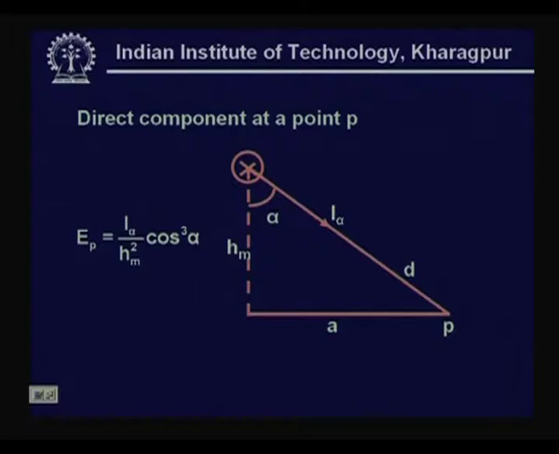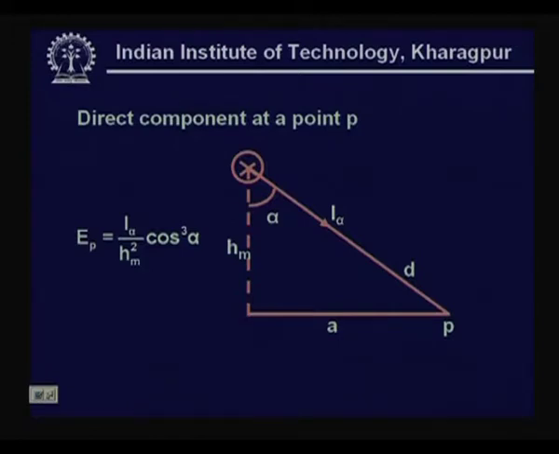Whereas at the point P, what is this I? It is the candle power or luminous intensity of the lamp. Now, if I had to look at the point P, I would say I by d squared into cos alpha.